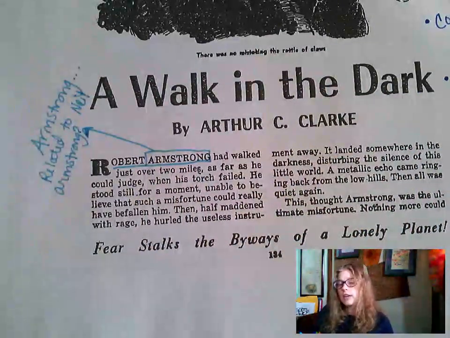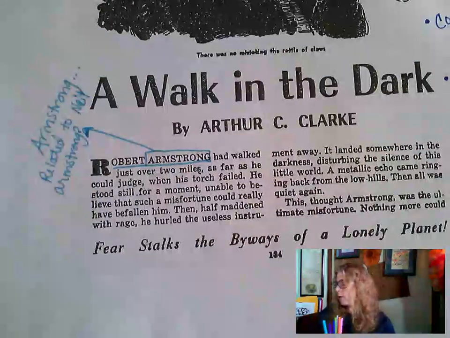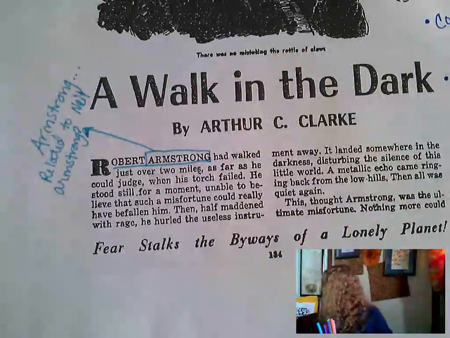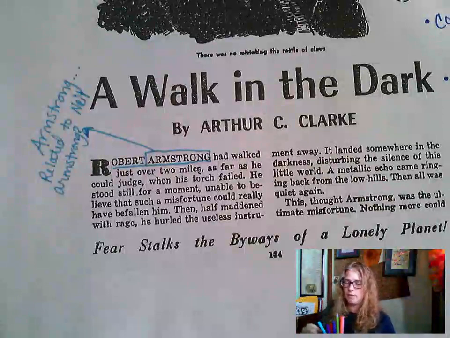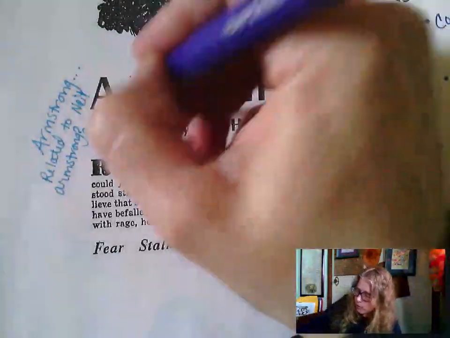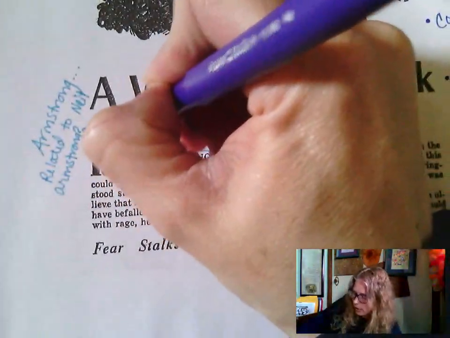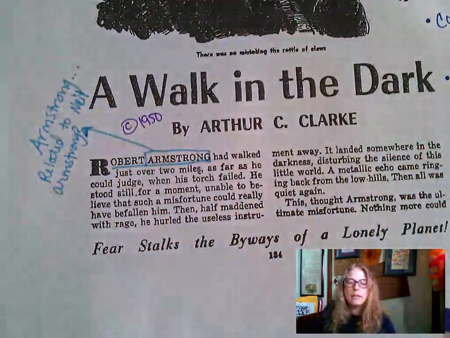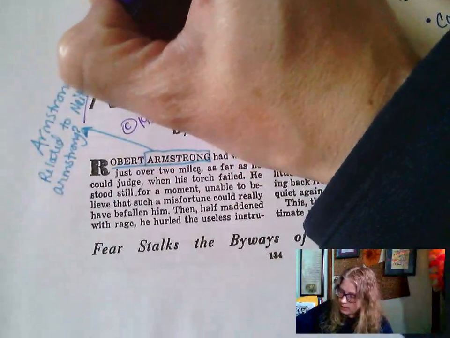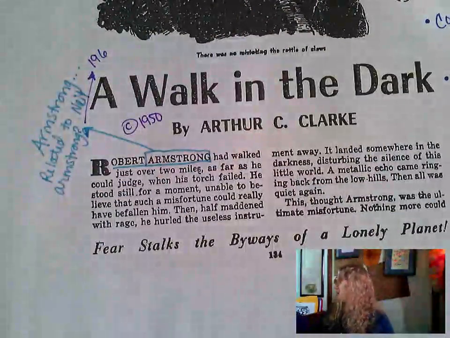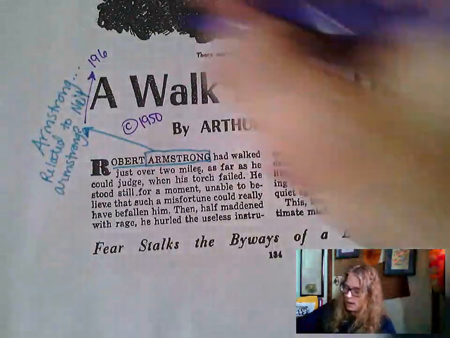So in order to understand that, I have to be able to look at something about the context of the story. And the context that I want you to remember for this story was that the story was written in 1950. So if this was a copyright of 1950, I'm going to put that in. Neil Armstrong landed on the moon in, let me write this down, 1969, just to make sure I'm right.